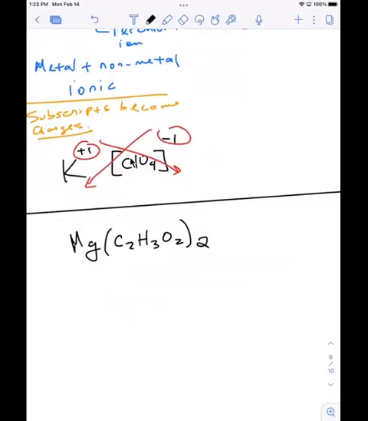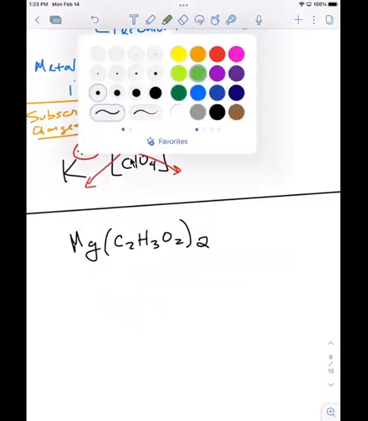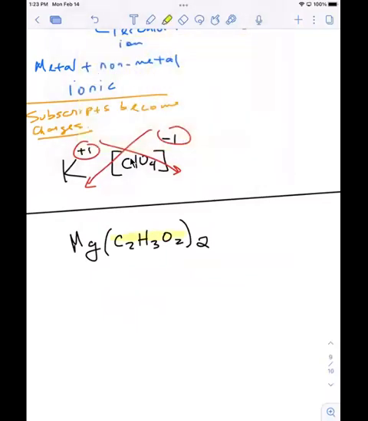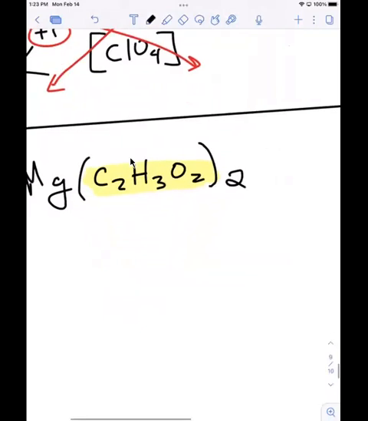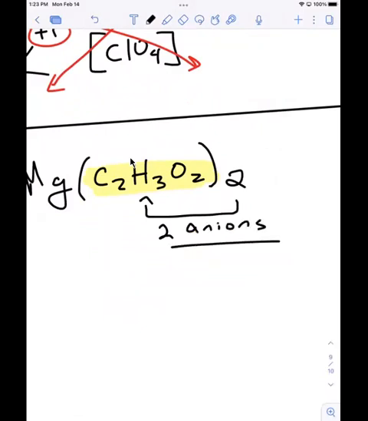What does that 2 mean? It means that there are 2 of these ions. So 2 of those anions.